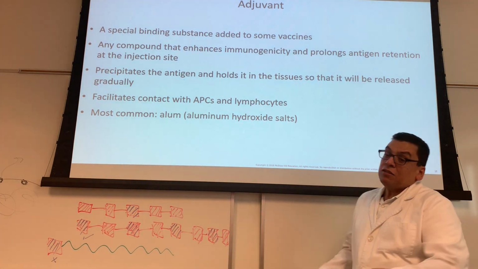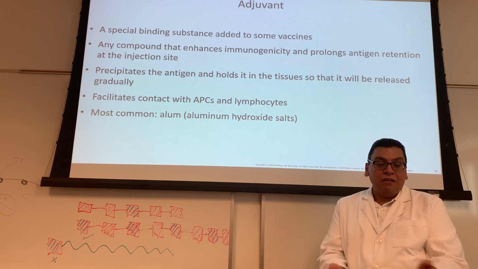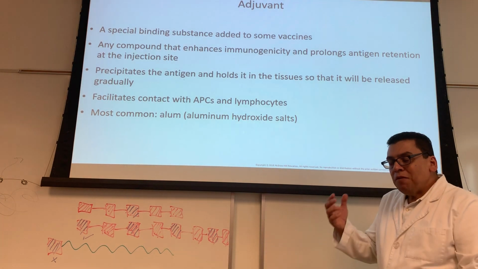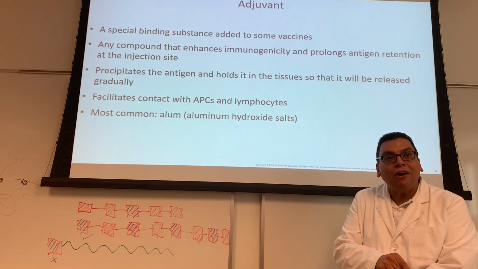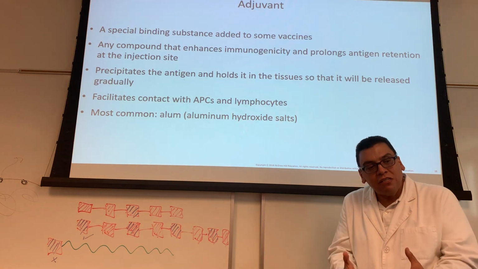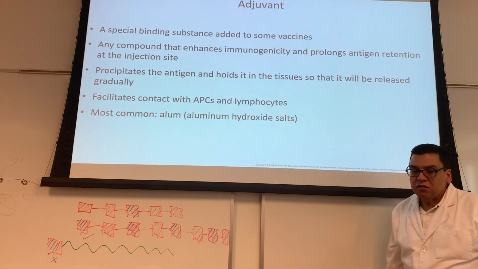For some vaccines, that's okay, but for other ones, no, it's not good because it's as if you didn't take it. So somebody said, if I can only trap it there, let it stay there to keep stimulating your immune system before it gets diluted out, and that's what the adjuvant does.